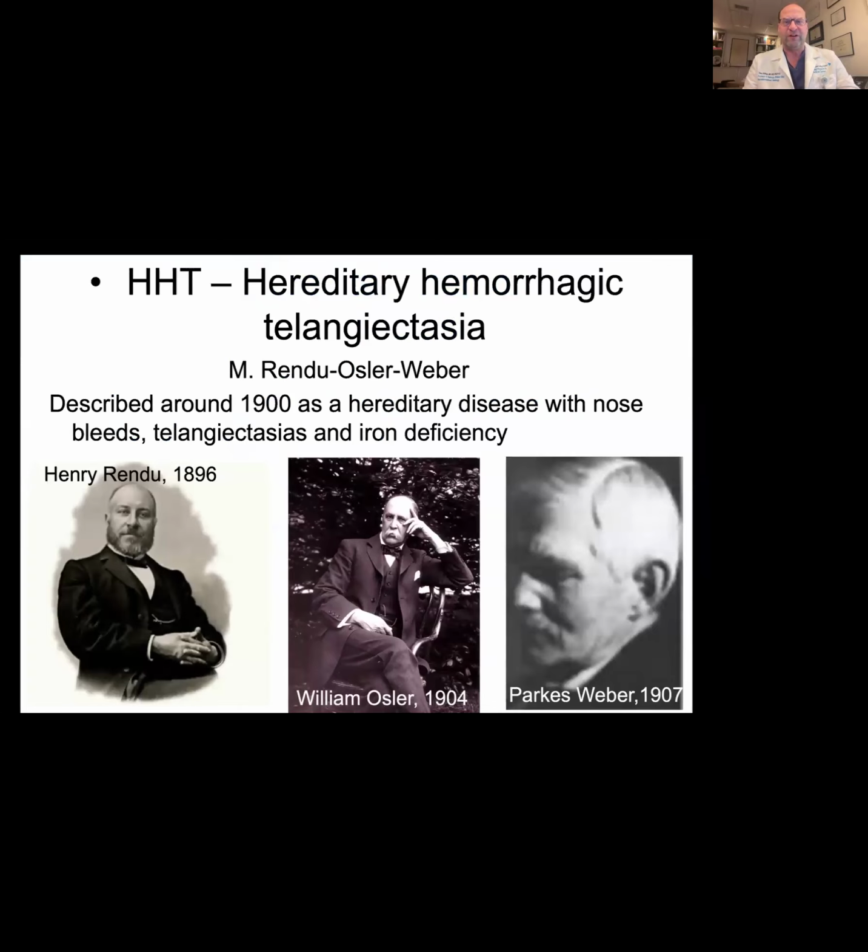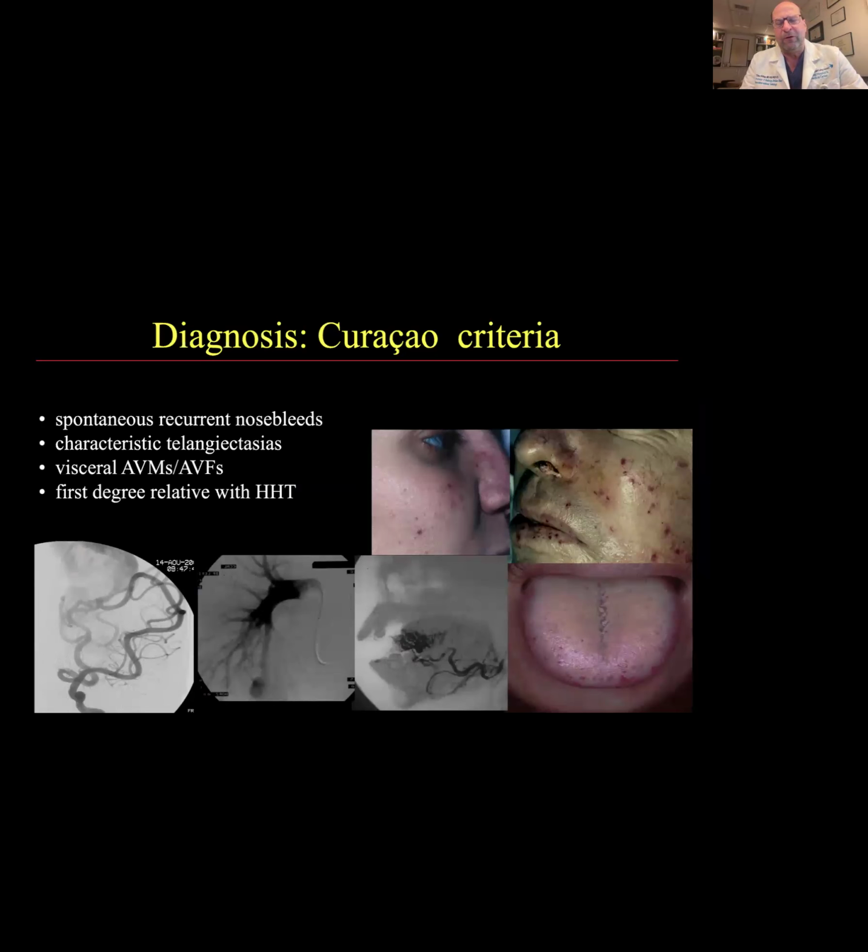As you know, HHT, or hereditary hemorrhagic telangiectasia, is also called morbus Rendu-Osler-Weber, and was described more than 100 years ago as a hereditary disease with nosebleeds, telangiectasias, and iron deficiency. However, we know now that there are way more presentations than just nosebleeds and telangiectasias, although these do belong to the diagnostic Curaçao criteria to make the diagnosis of HHT.